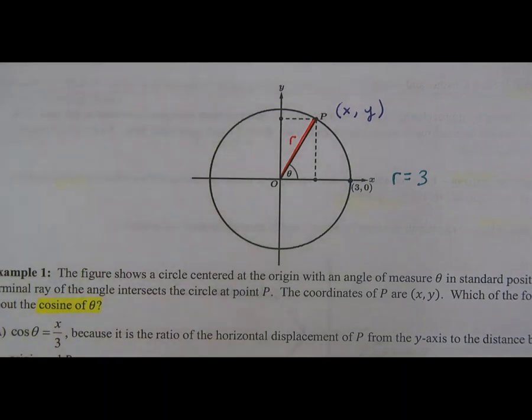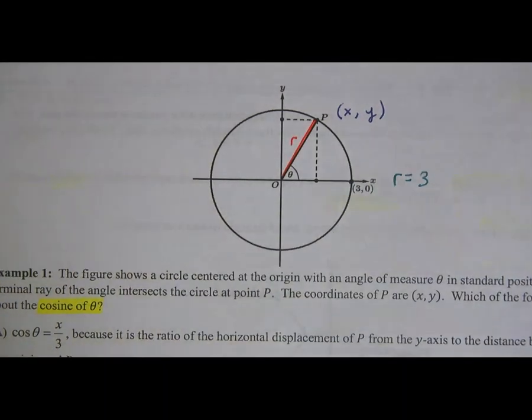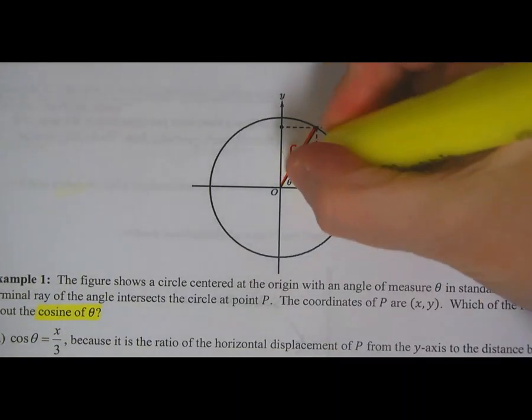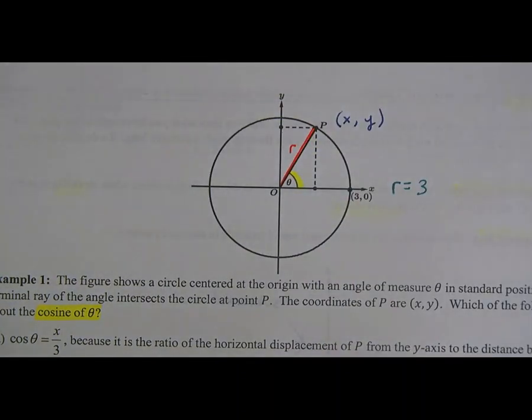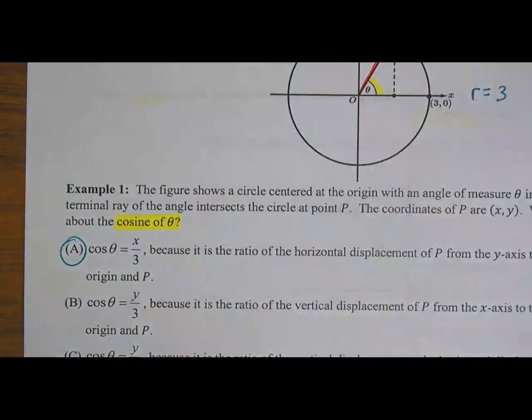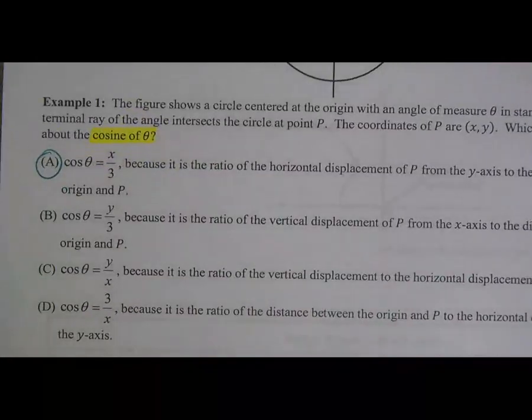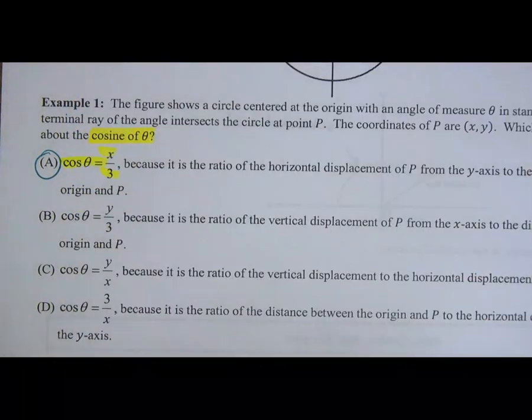Well, if cosine is x over radius, then cosine of this angle in the picture is going to be x over 3. And the only answer choice that has that is A. But it'll benefit you to go ahead and read the rest of it.